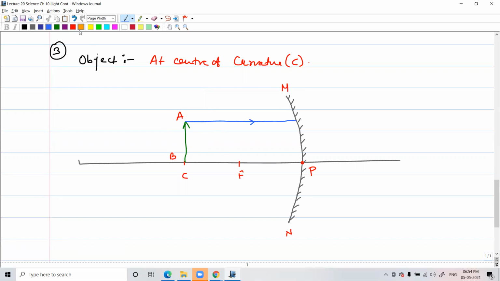Parallel light will pass through the focus. What else should I do now? One light ray I have taken parallel and it went through the focus.